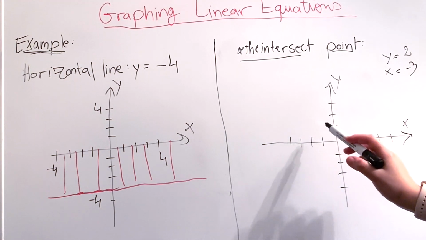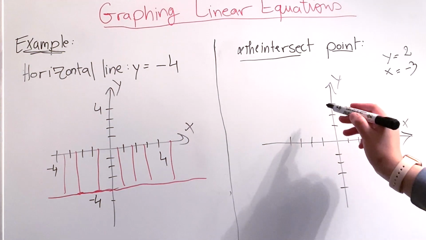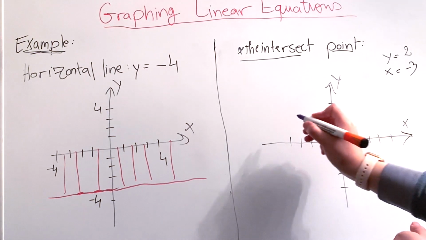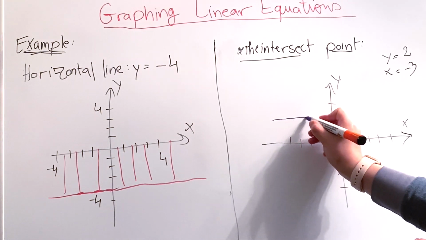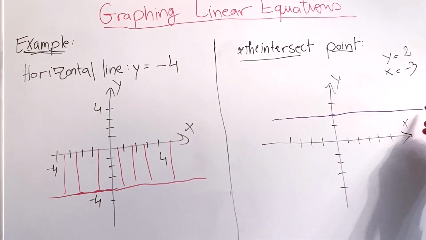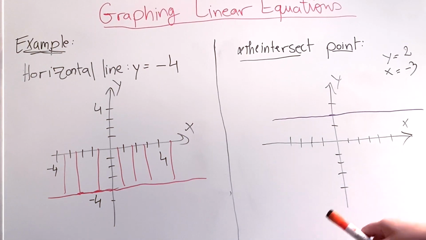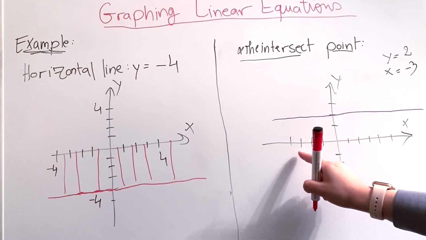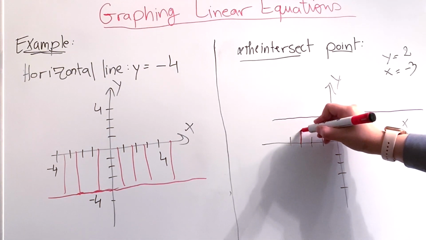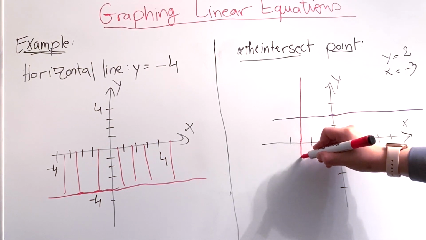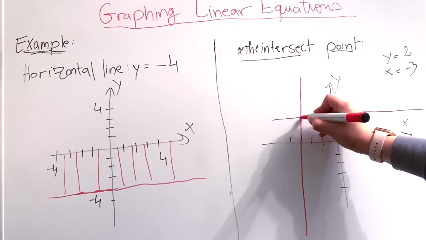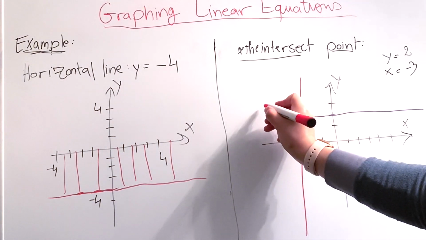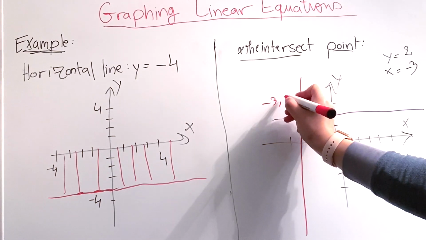The horizontal line crosses at 2, and the vertical line crosses at x equal to -3, so -1, -2, -3. So this point is called the intersection point, and it is (-3, 2).